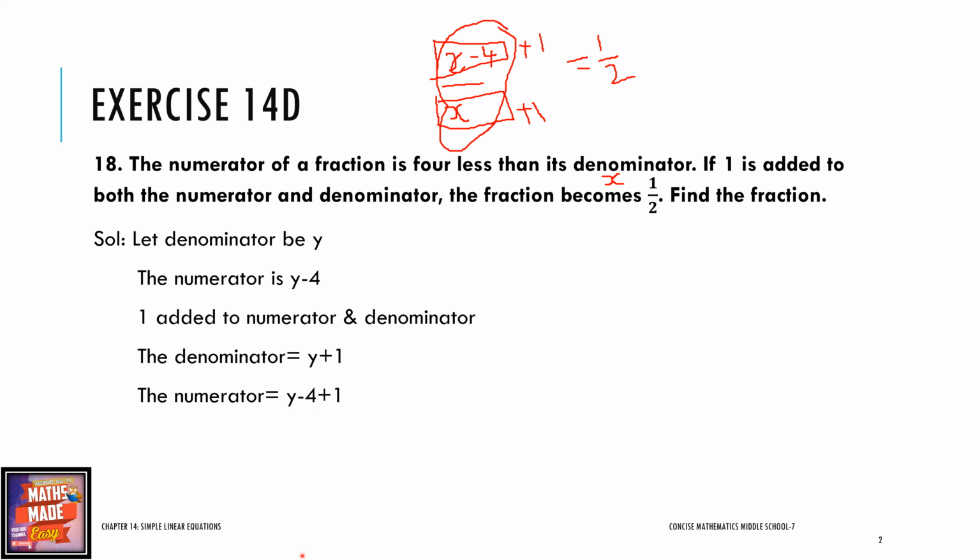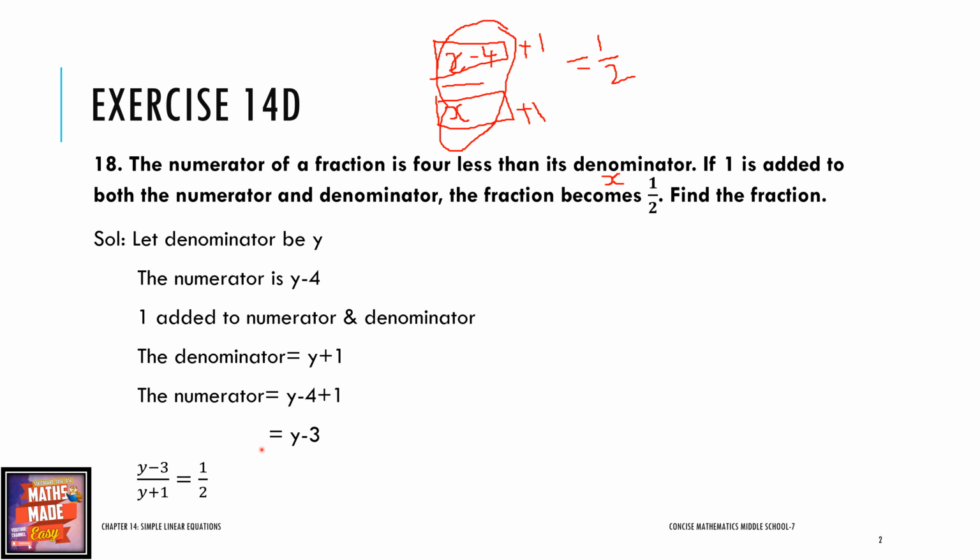Look here, children, one has a negative sign, the other has a positive sign. So put the bigger number's sign and subtract it, that is minus 3, y minus 3, right? So when 1 is added, you will get y minus 3 over y plus 1 is equal to 1 by 2.